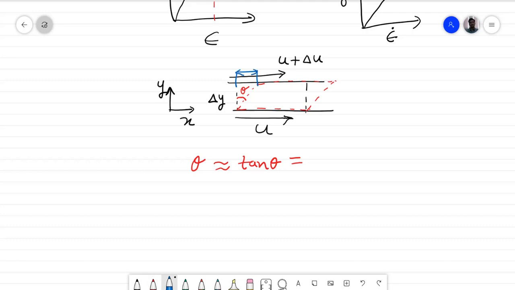This distance is delta u times delta t. So speed times time gives us the distance which the top corner of this element travels in time delta t. And tan theta will be this distance divided by the vertical height, which is delta y.